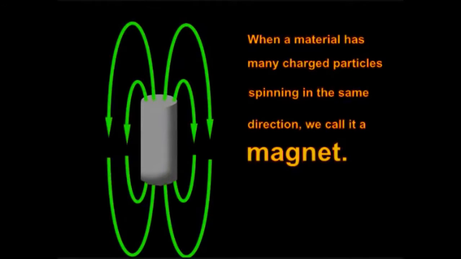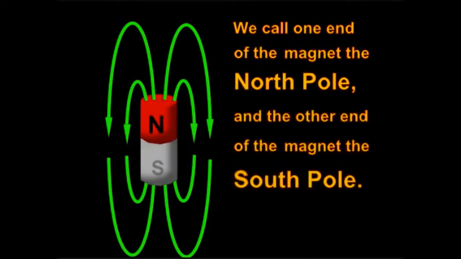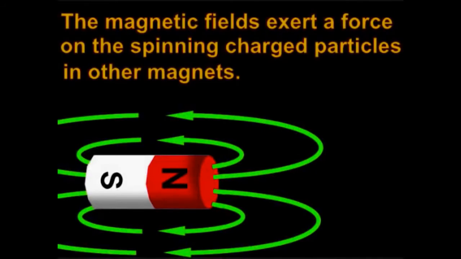When a material has many charged particles spinning in the same direction, we call it a magnet. We call one end of the magnet the North Pole and the other end of the magnet the South Pole. The magnetic fields exert a force on the spinning charged particles in other magnets.